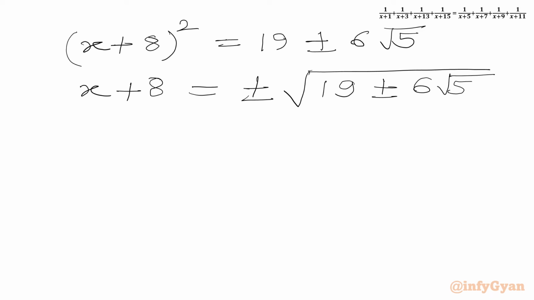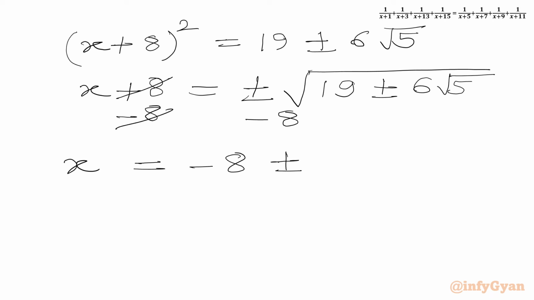Now we have to subtract 8 from both the sides. So I will write minus 8. Plus and minus 8 will be gone from LHS. We will get x equal to minus 8 plus minus square root of 19 plus minus 6 square root 5. So here we are having 4 solutions.